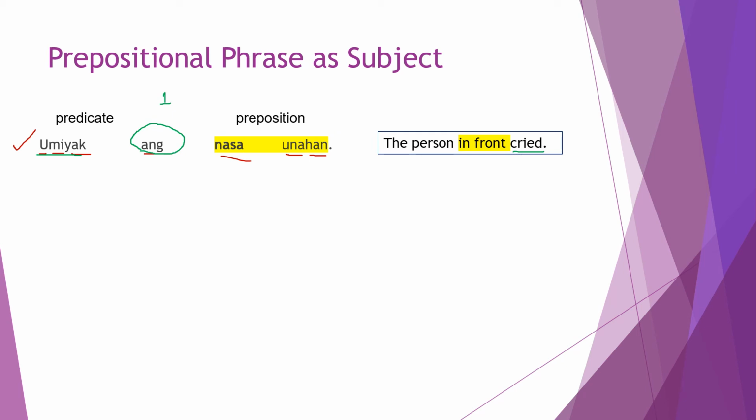And here we are talking about preposition in front. In front in English, in Filipino is nasa unahan. So unahan is in front, but the preposition marker in here is nasa.